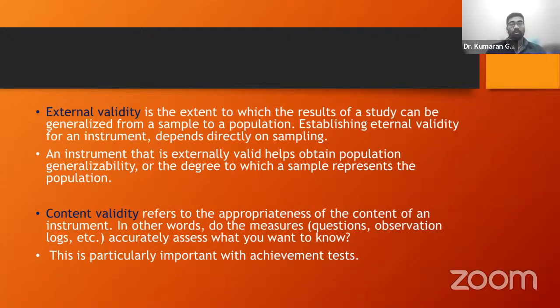Okay, external validity, content validity, and we have language validity also. Actually, I did not put it here, but we can put language validity. Sometimes we might adopt, adapt, or create the questionnaire.